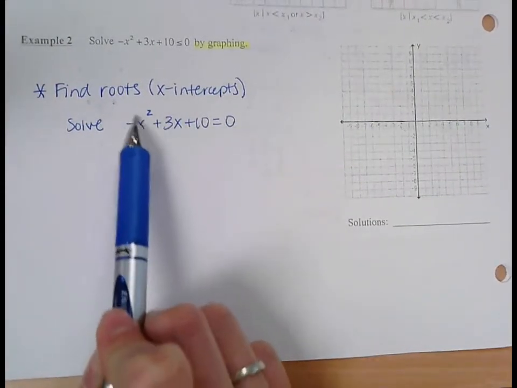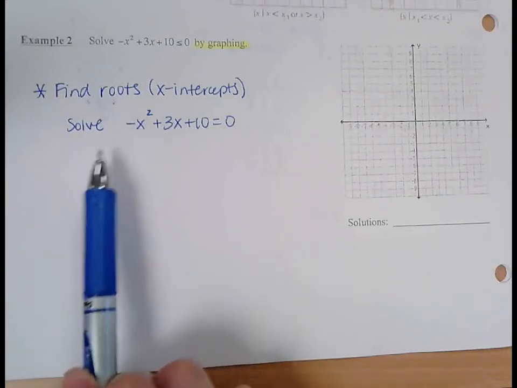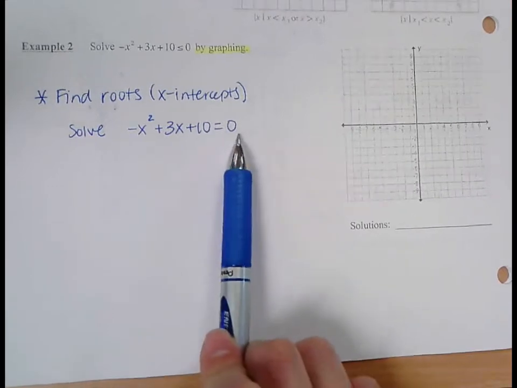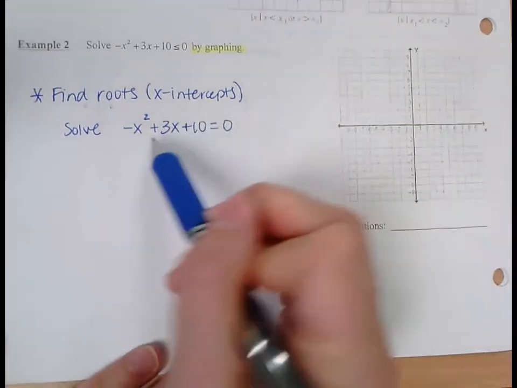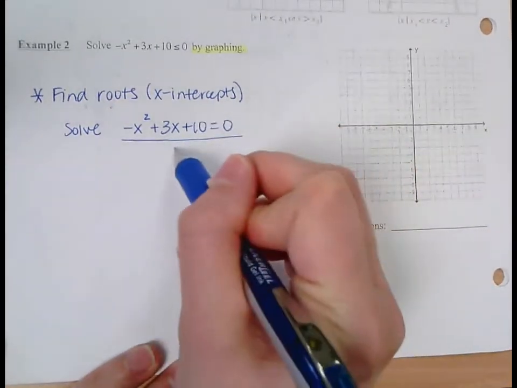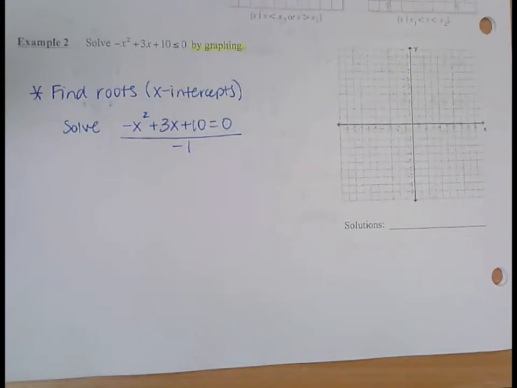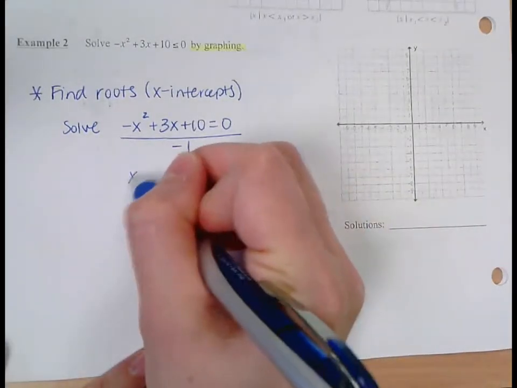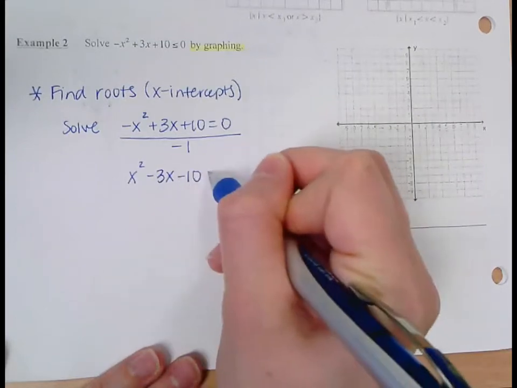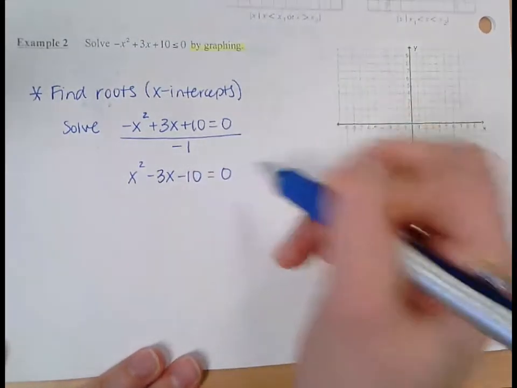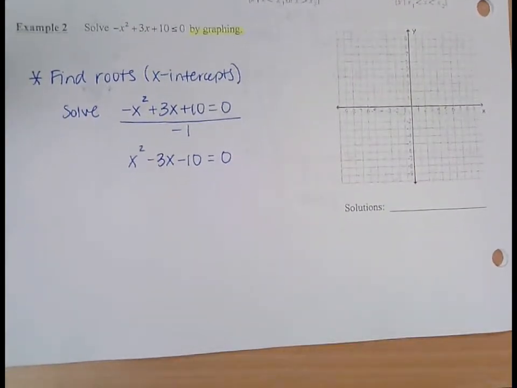And right now my a value is -1, but I can easily make the a value +1 if I divide everything by -1. And I can do that as long as I do it to both sides. So I'm first going to divide everything on both sides by -1. That's just going to make factoring easier. So then I would have a positive x squared minus 3x minus 10 equals, and then 0 divided by -1 is still 0. So I still have 0 on that side.